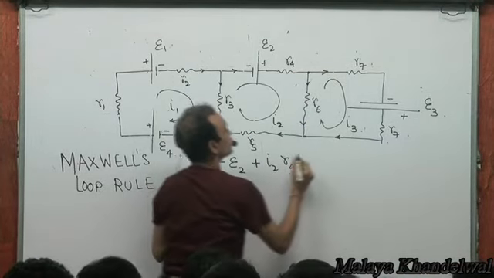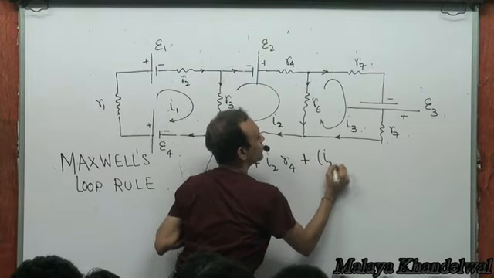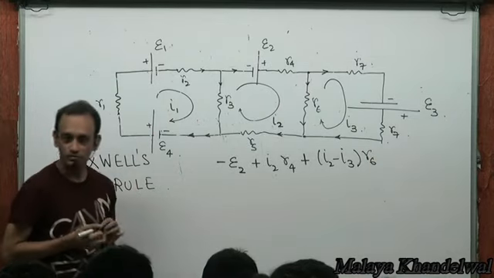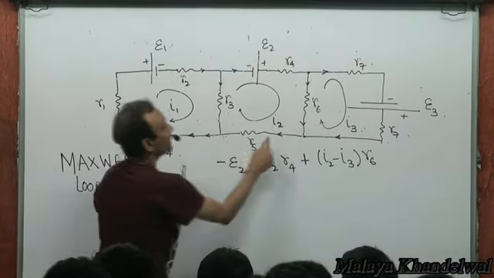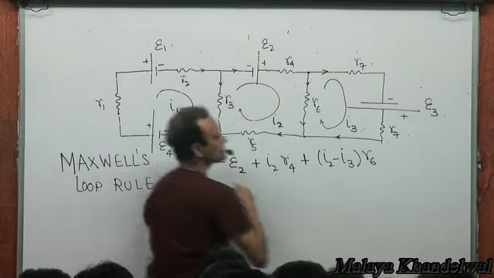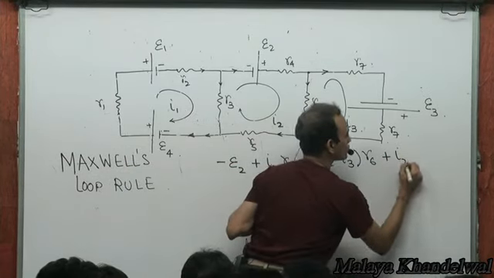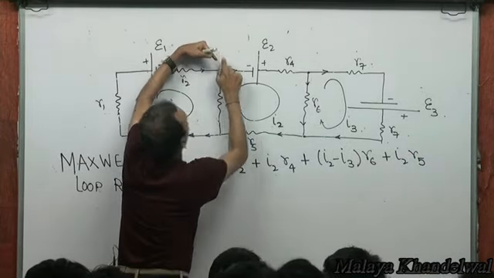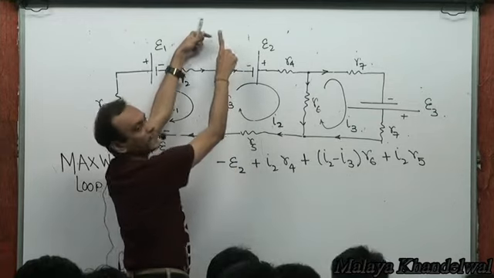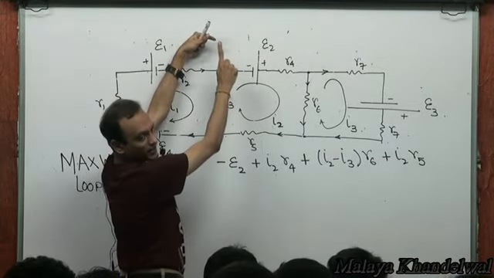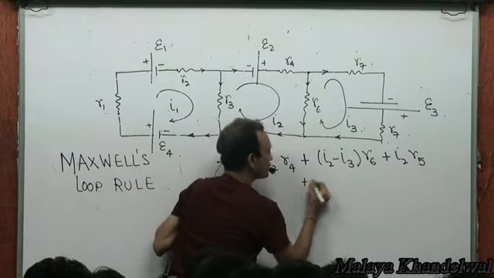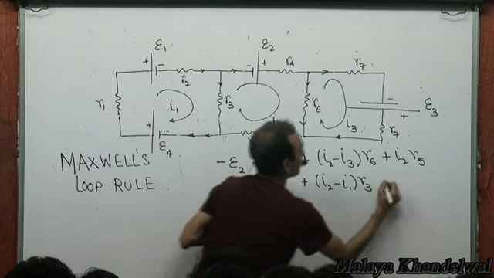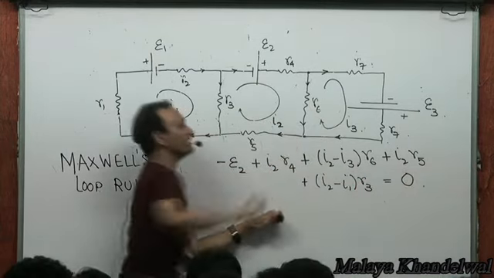Yes or no? So plus I2 minus I3 over R6, dropping this much? And then I2 into R5 is a drop across this. And then it's as if there is I2 going up and I1 coming down, like I2 minus I1 going up. So plus I2 minus I1 into R3. And all of this must add up to 0. That's KVL applied to loop 2.